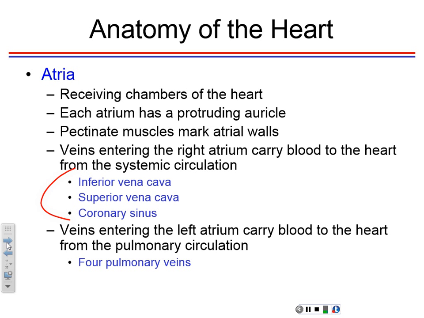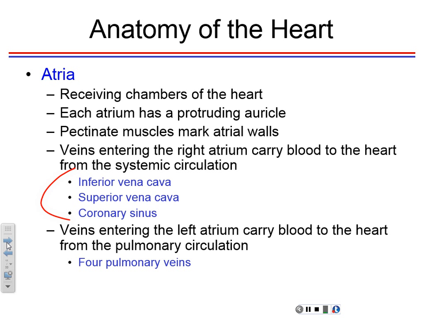And then it goes out through the right ventricle through the pulmonary trunk. It's really a pulmonary artery, but it leaves as the trunk because it will split into the left and right pulmonary arteries. If you say pulmonary artery, it's still fine.